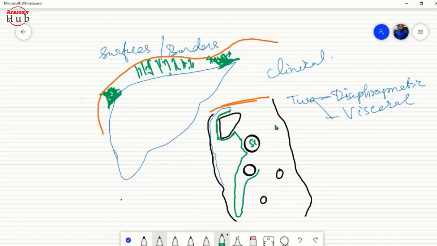and at this point you will find the presence of the spleen also. So this peritoneum goes inferior to the transverse colon, then it goes towards the spleen, right?